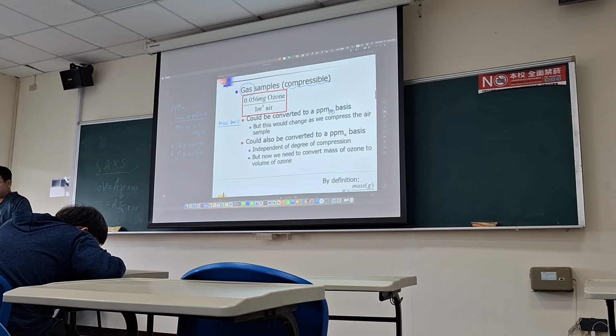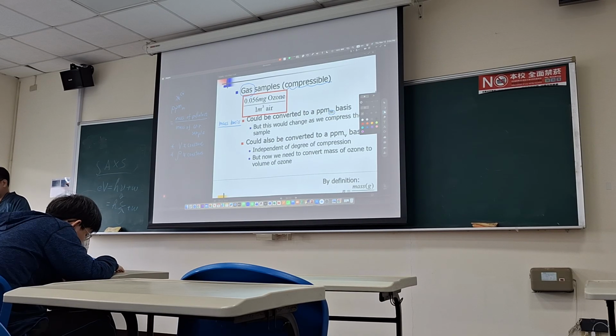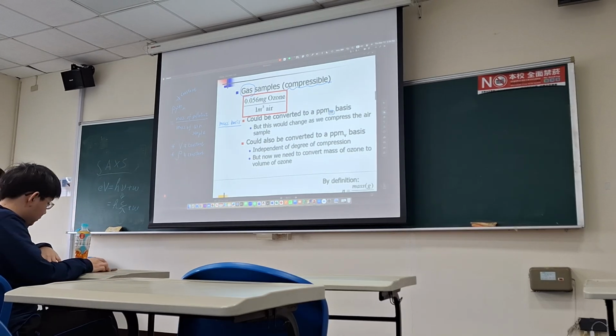So in this case, the ppm is not constant. So it doesn't seem suitable for an air sample like this.